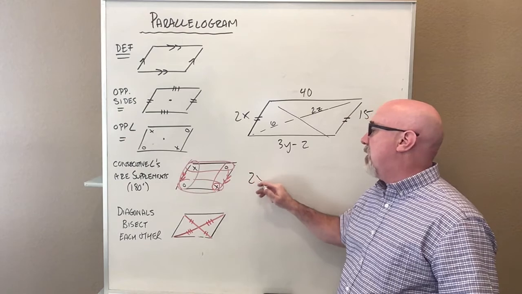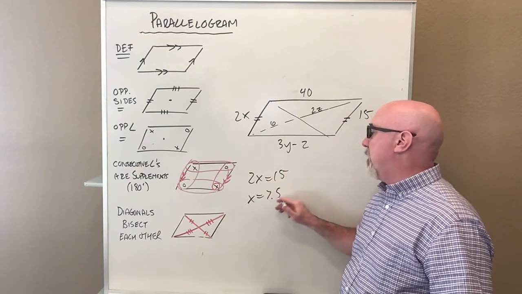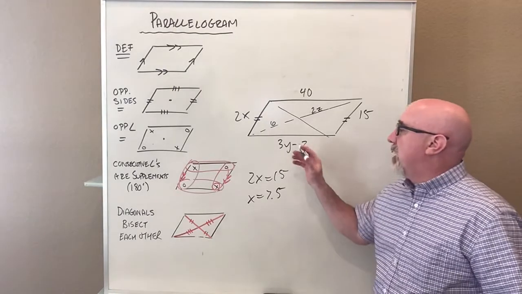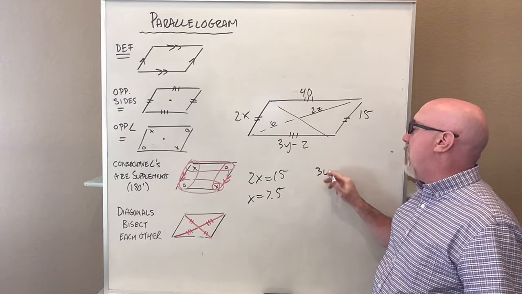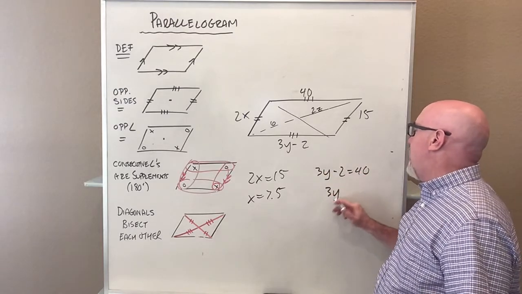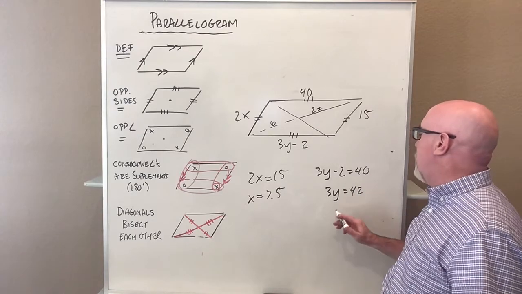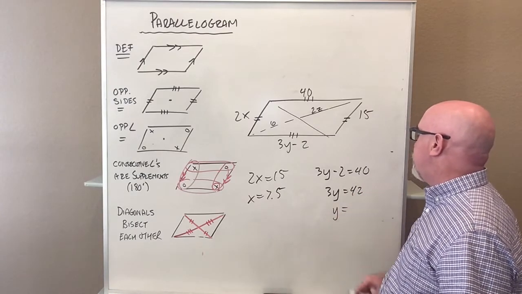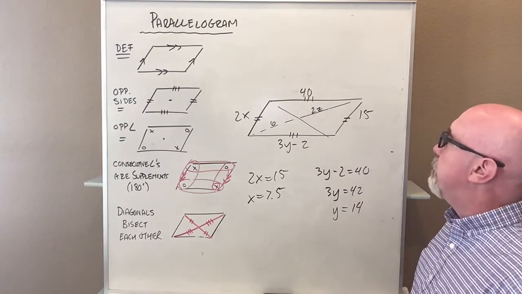So I would solve 2x equals 15, x equals 7.5. Being a parallelogram, I would know this side equals this side. So 3y minus 2 equals 40. 3y equals 42, and y equals 14.